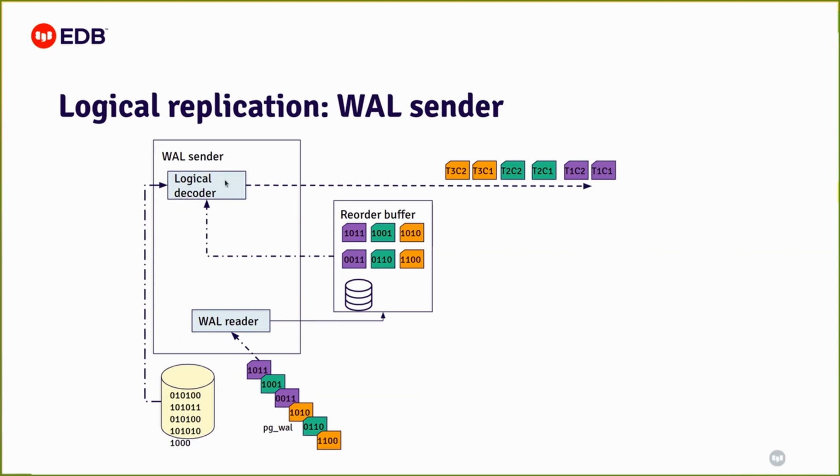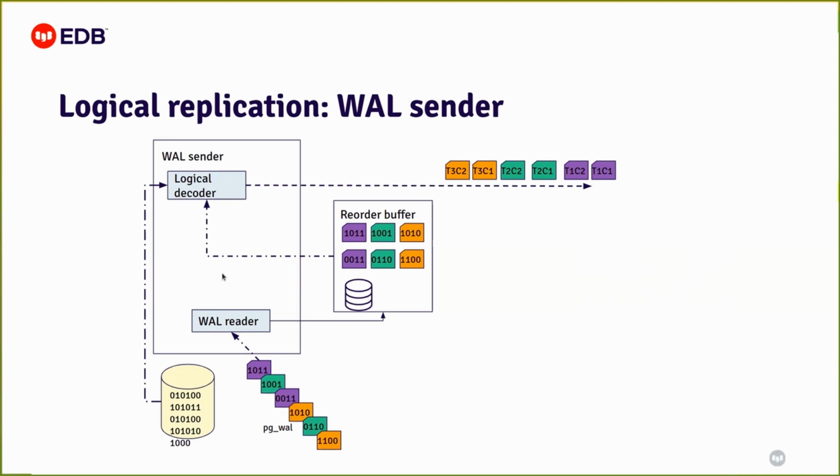The third component here is the logical decoder, which reads the reordered WAL as and when a transaction commits, and then it interprets this WAL and produces a logical change record.